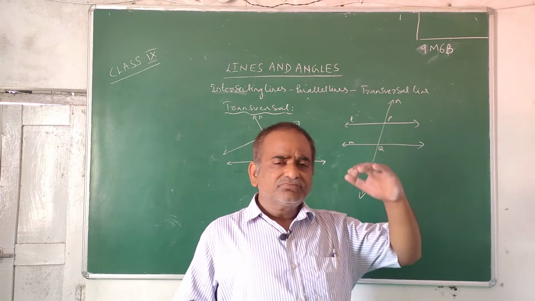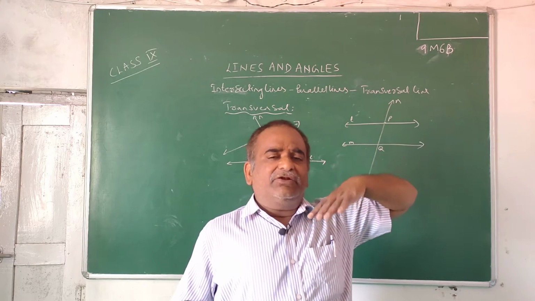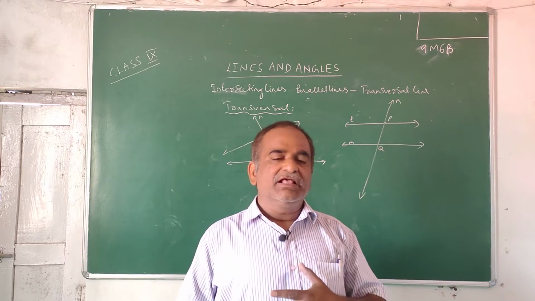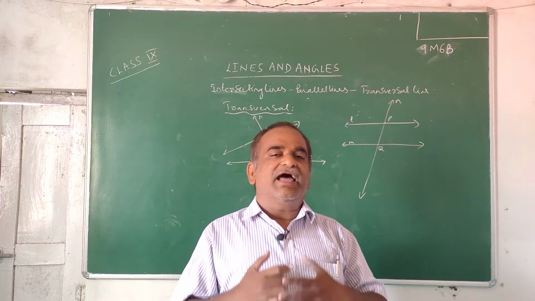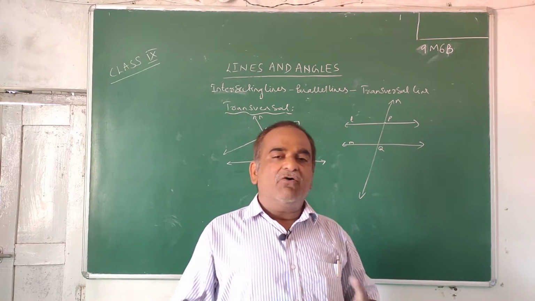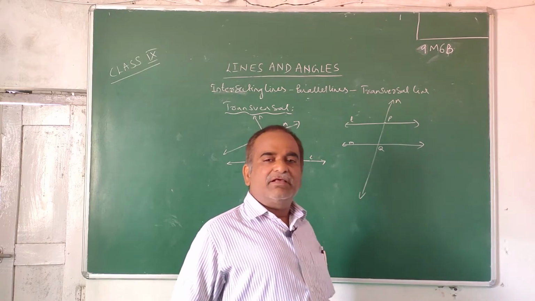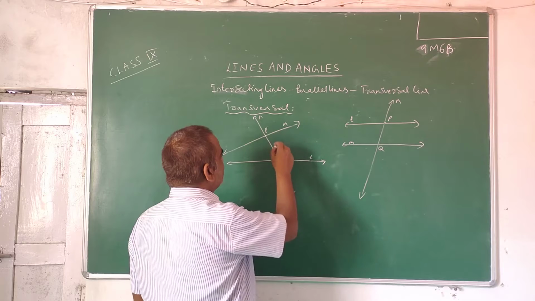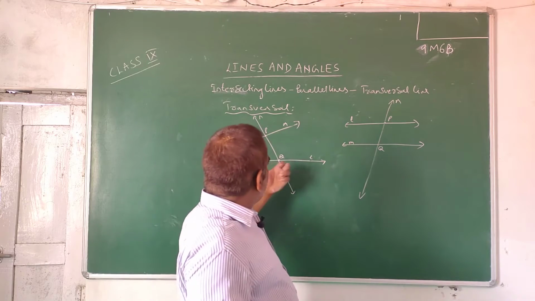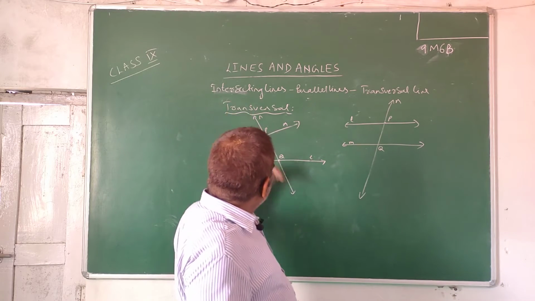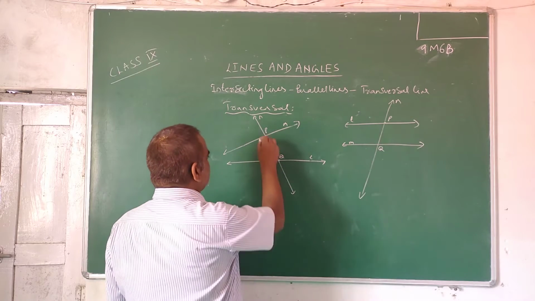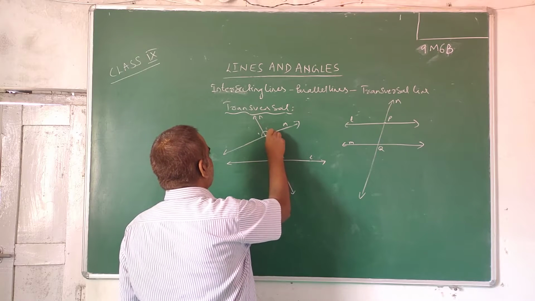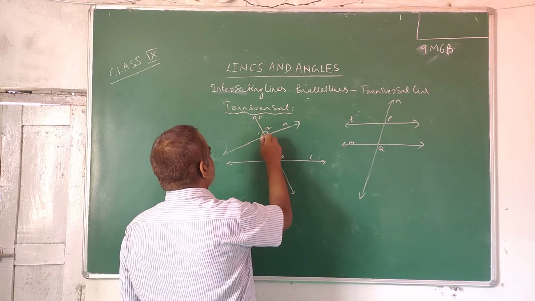Now, if a line intersects two lines, it is known as a transversal line. So with respect to the transversal line and the given two lines, how many angles can we see? Please observe these diagrams. See here, angle 1, angle 2, this is angle 3, angle 4.